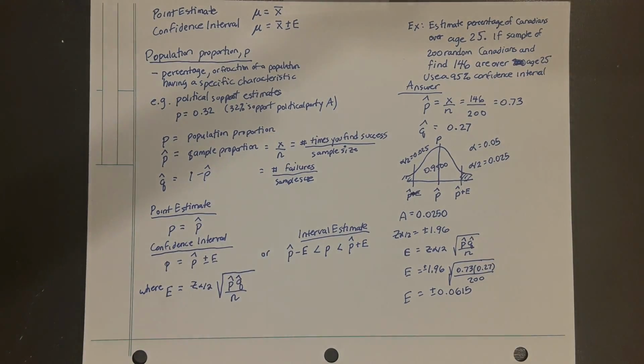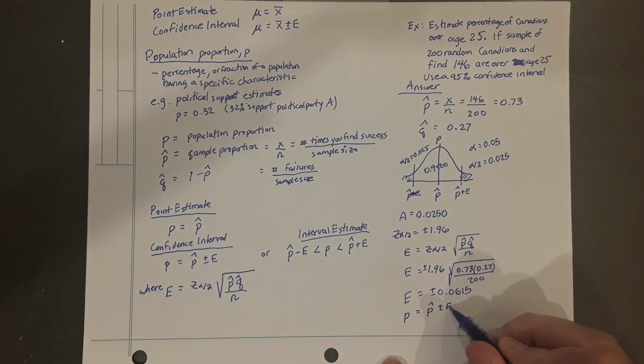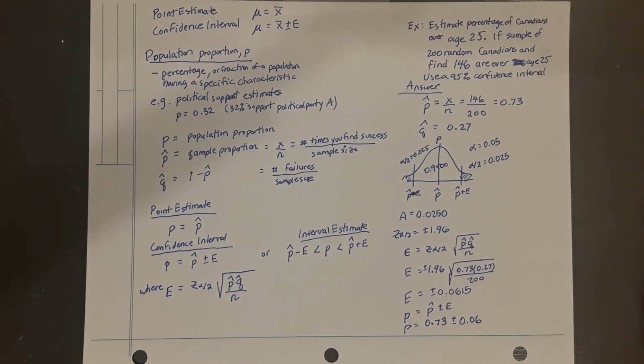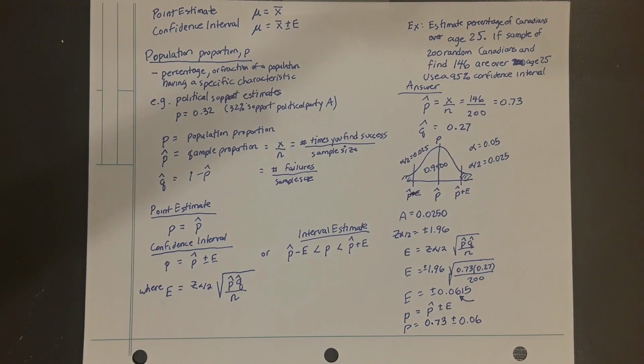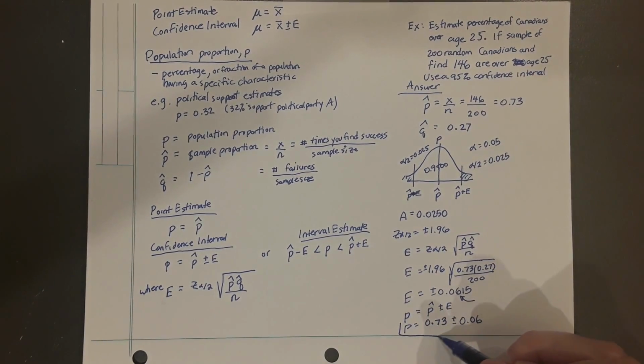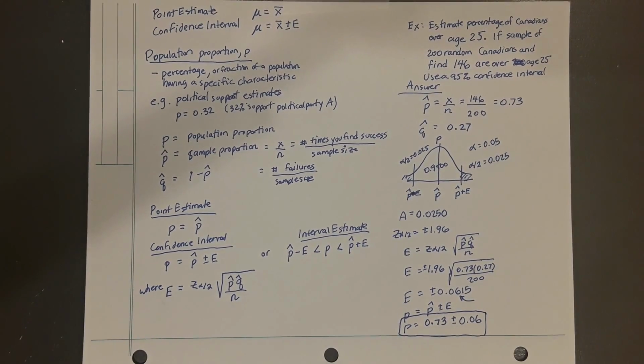So, our conclusion: the best guess for the population proportion is the sample proportion plus or minus the error, which is 0.73 plus or minus 0.06. Generally, the error is given to one significant digit. So if you round this, you would have 73% plus or minus 6% as the estimate of this proportion.